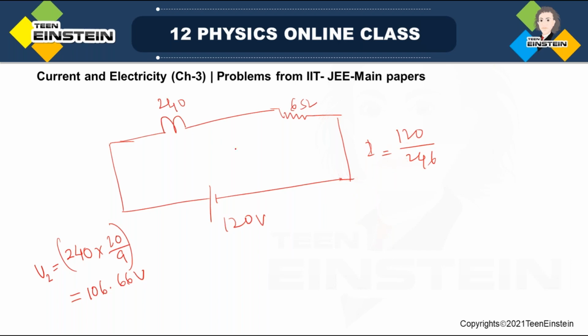So the voltage across this 240 will be 240 into 120 by 246. If you do the calculation, it will come around 117.073 volt.